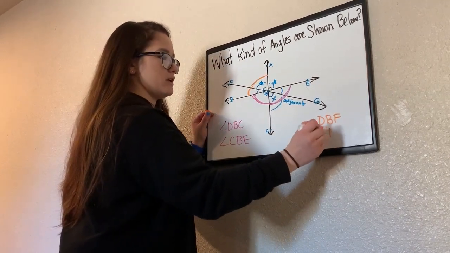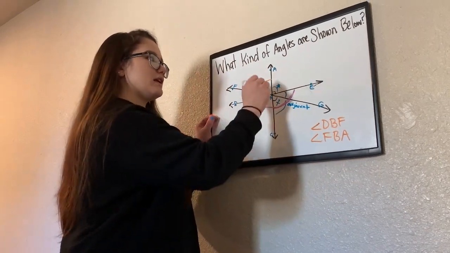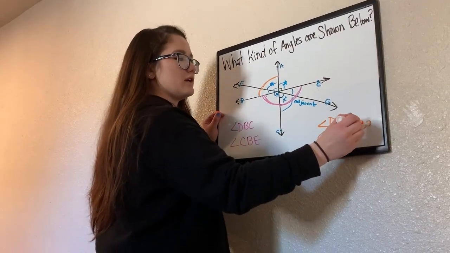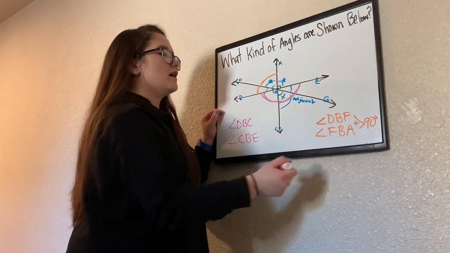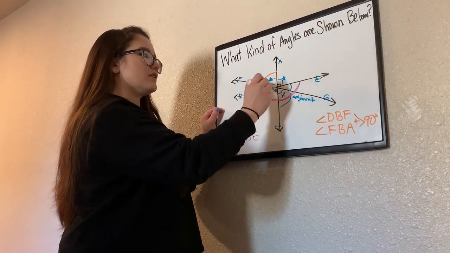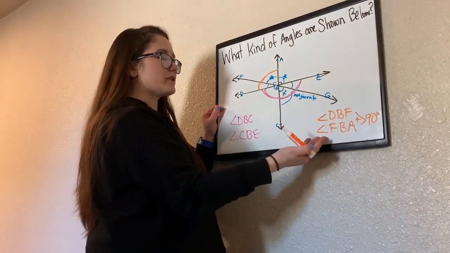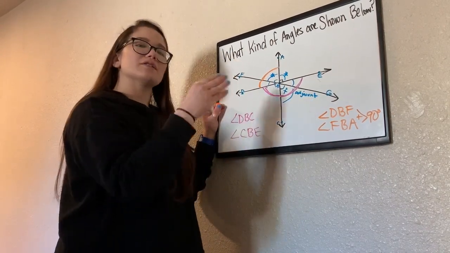As long as the vertex is in the middle, you can write it either way. So we say these two are complementary, 90 degrees, when they're added up together, right? Because this angle plus this angle is that 90-degree angle. Okay, so these are complementary angles, supplementary angles. Adjacent angles are angles next to.